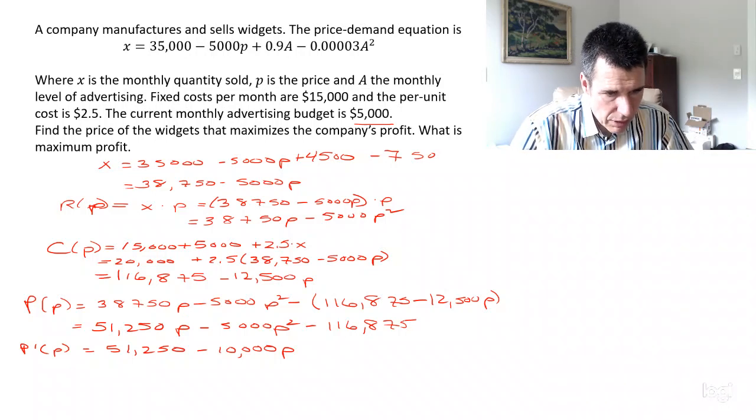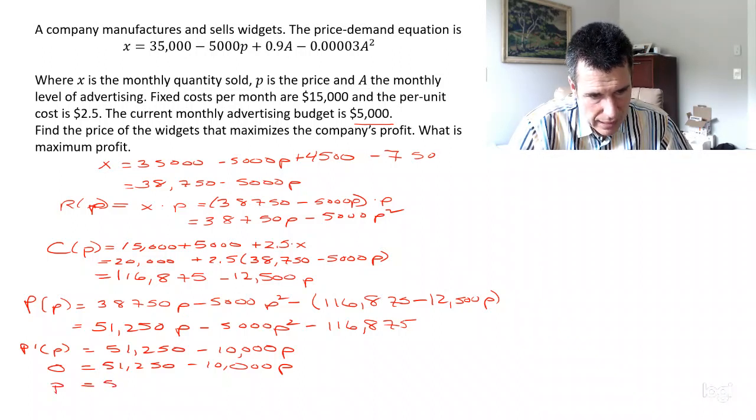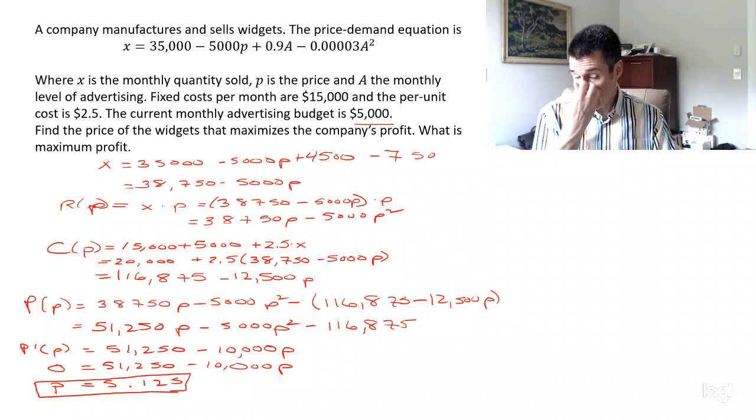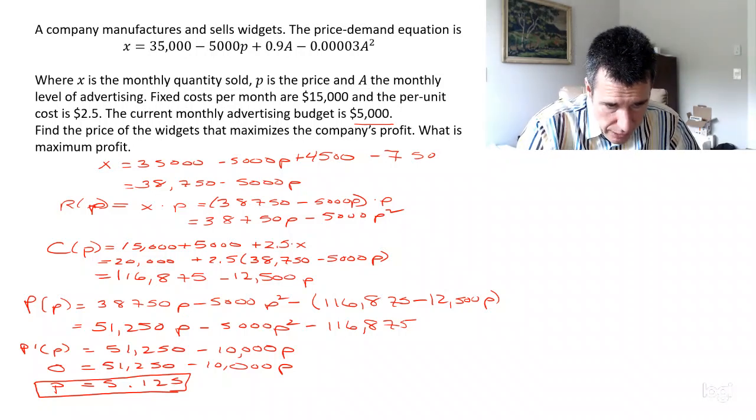Set that to 0: 51,250 minus 10,000P equals 0, and we solve for P. So P equals 5.125. So we have a critical number at $5.125.